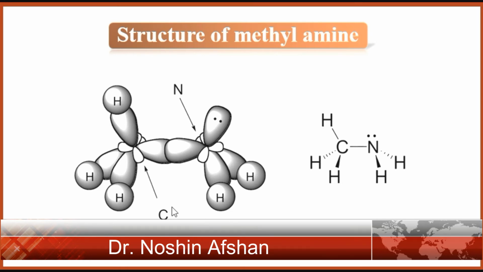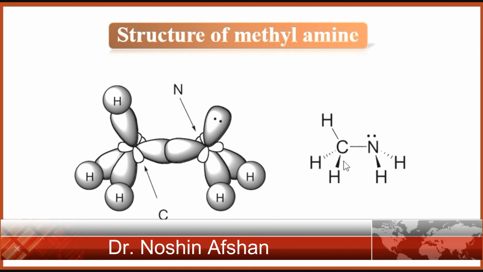At the carbon atom, it is forming 3 sigma bonds with the hydrogens and 1 sigma bond with the nitrogen, because here there is no double or triple bond between any two atoms. So as this is a saturated structure, all the bonds would be sigma in nature.